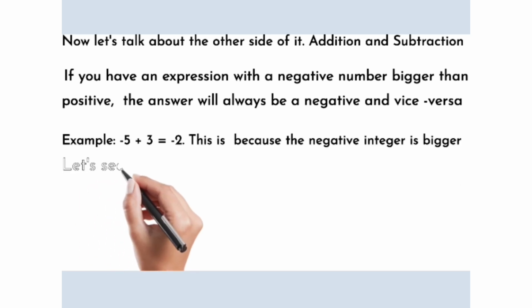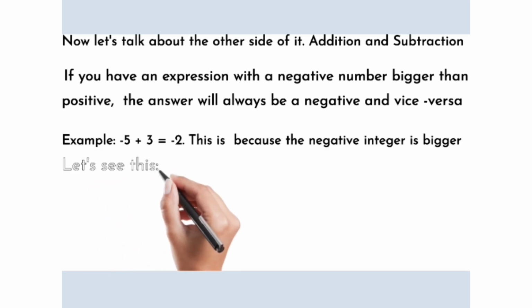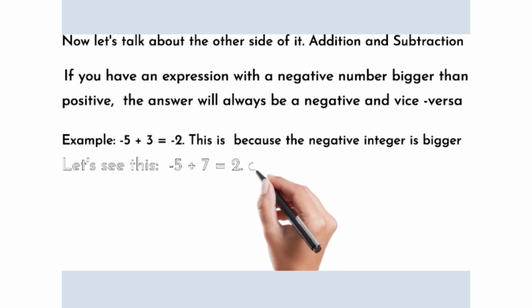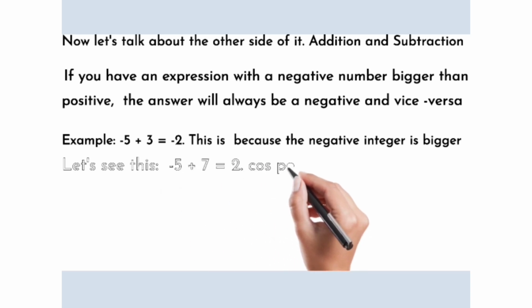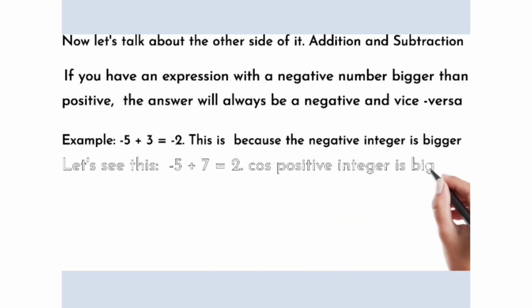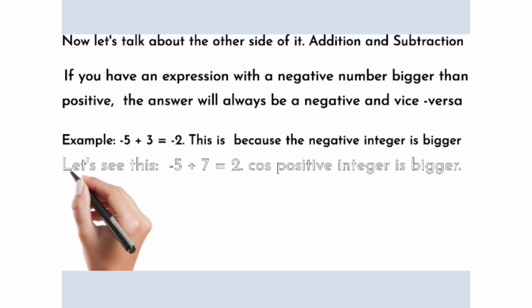Now let's look at this other example. Minus 5 plus 7. This is 2, and is because 7, which is a positive integer, is actually bigger than 5, which is a negative integer. So that gives the answer to be a positive integer.